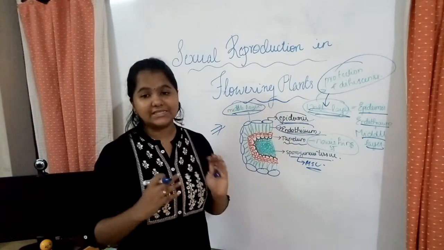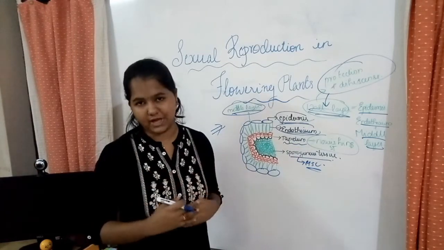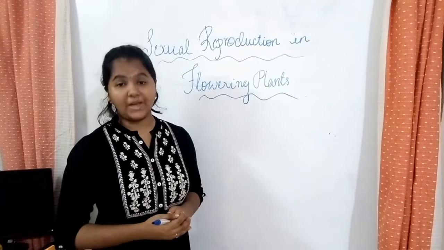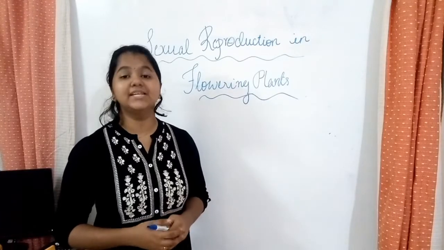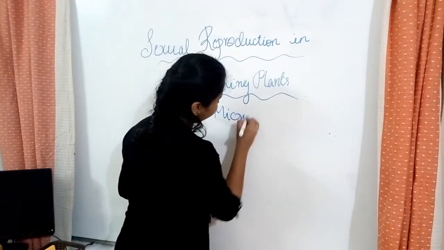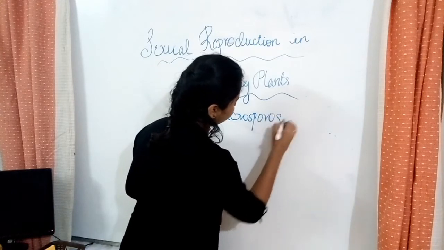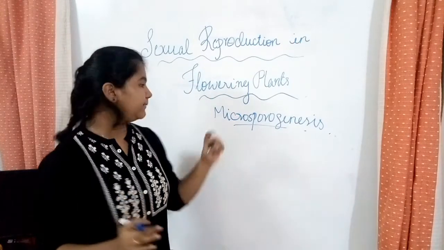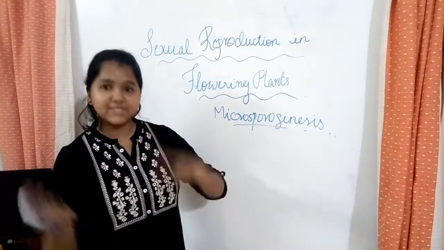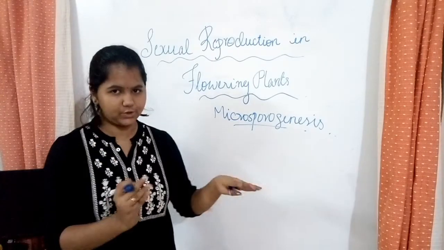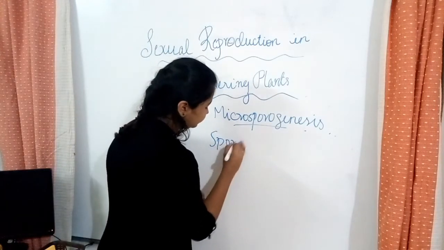Okay. So now we will discuss the formation of microspores. That is called microsporogenesis. It is very similar to the sporogenous tissues.